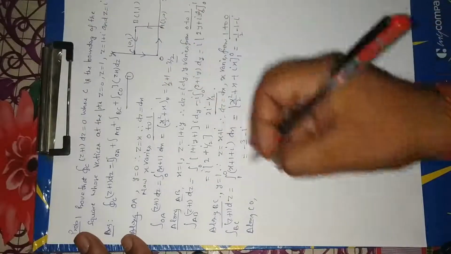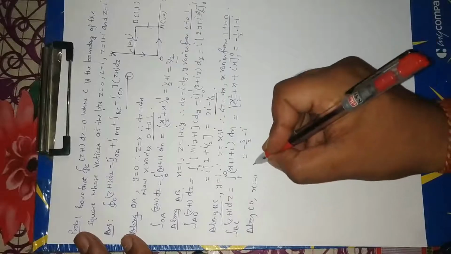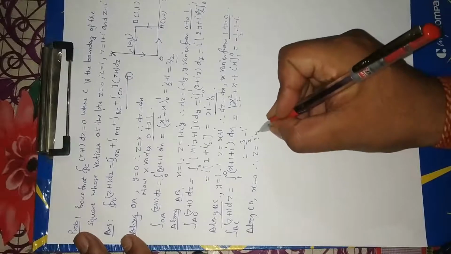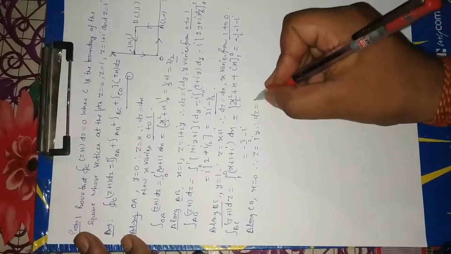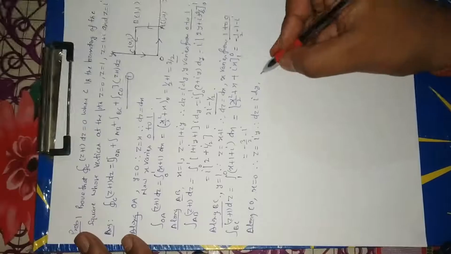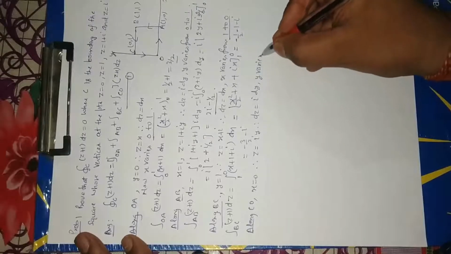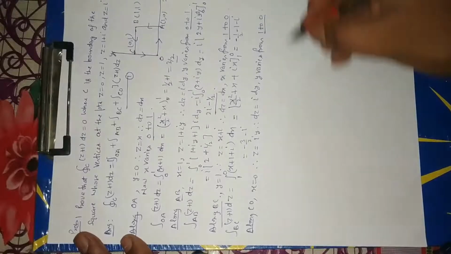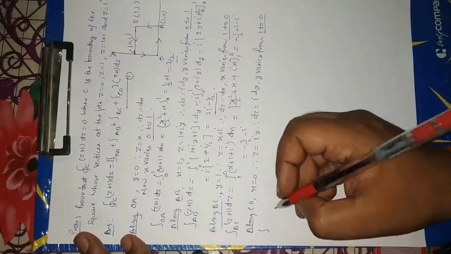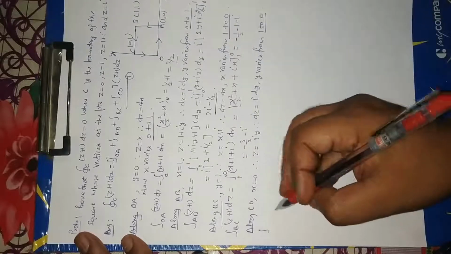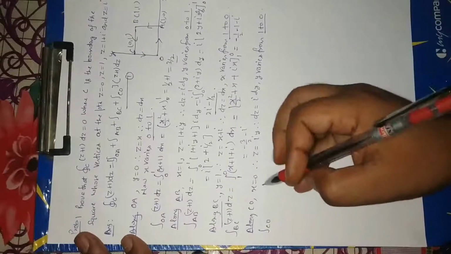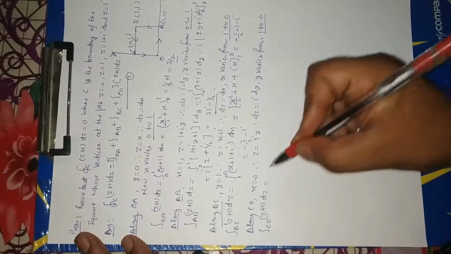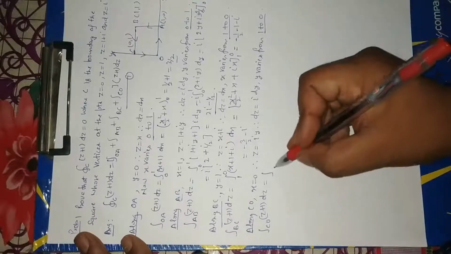Now along CO, the equation of CO is x is equal to 0, therefore z is equal to iy. Now dz converts into i dy, that is y varies from 1 to 0. Now this is the integral over CO of z plus 1 dz, limit 1 to 0.